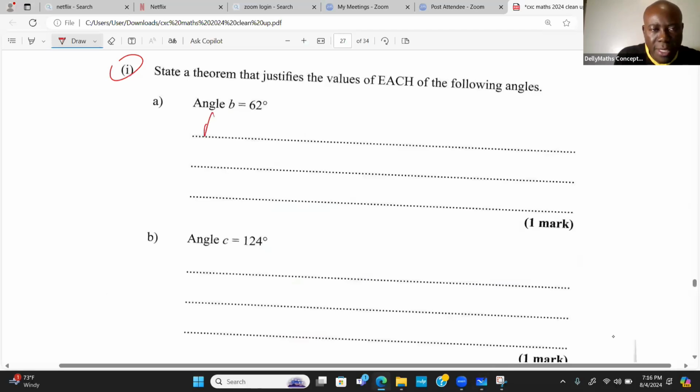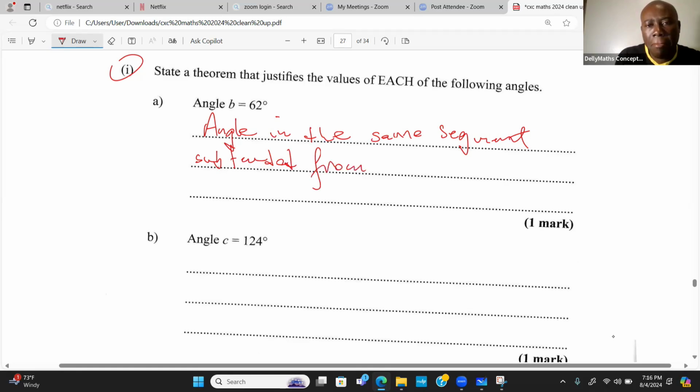Let's put it in. So for this, we're looking at the fact that angles in the same segment, subtended from the endpoints of a chord, are equal.